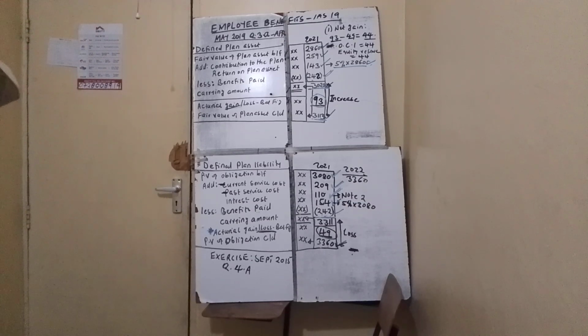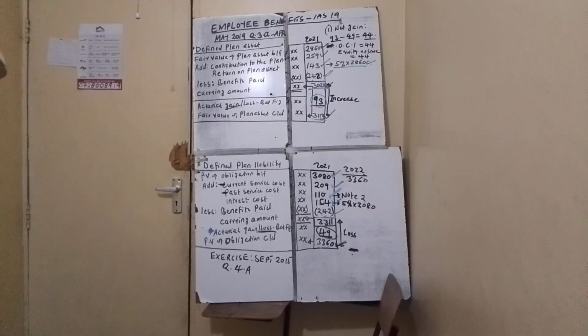Then termination benefits. These are benefits payable as a result of the company's decision to terminate the employee's contract before the normal retirement period, or an employee's decision to accept an early voluntary retirement in exchange for the benefit. That is termination benefit.